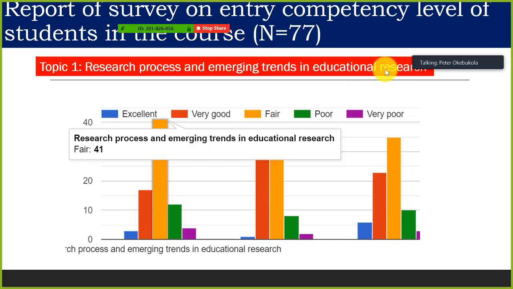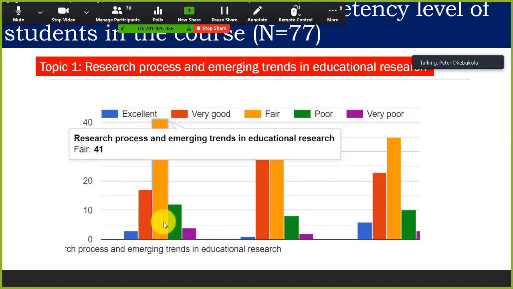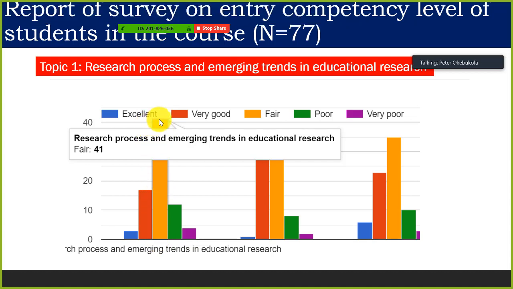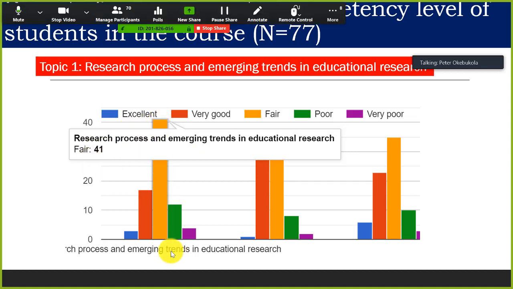Now, what we found is that more than half of you reported that they have fair competence in that topic. So 48%, 41 out of the 77 of you, you can see fair.